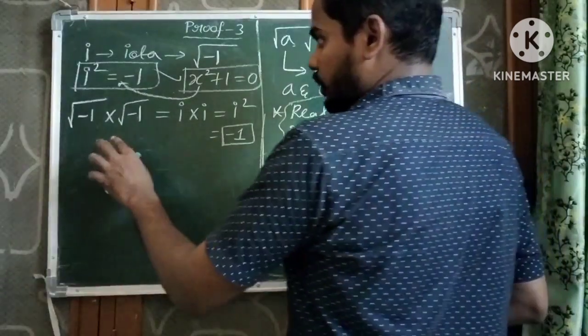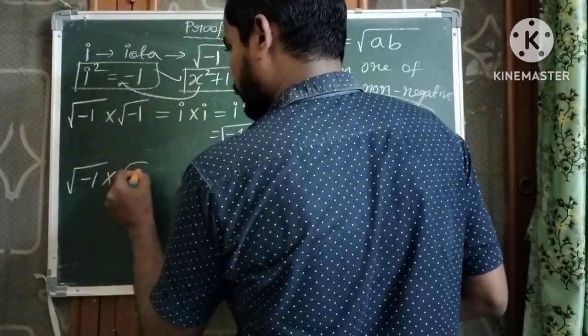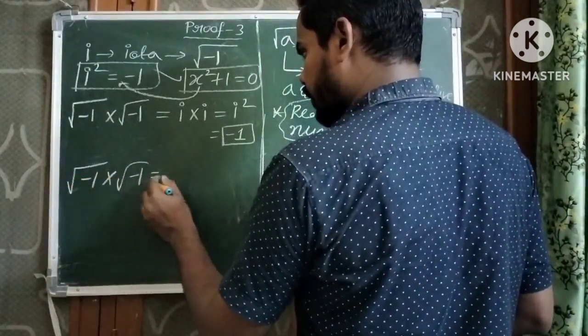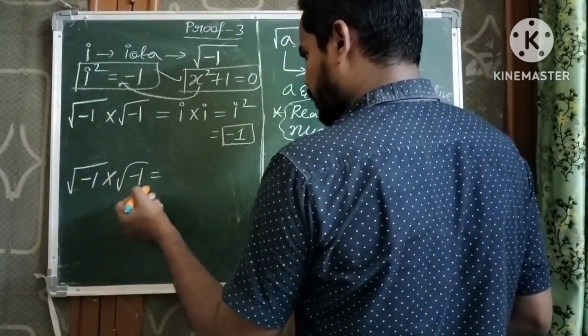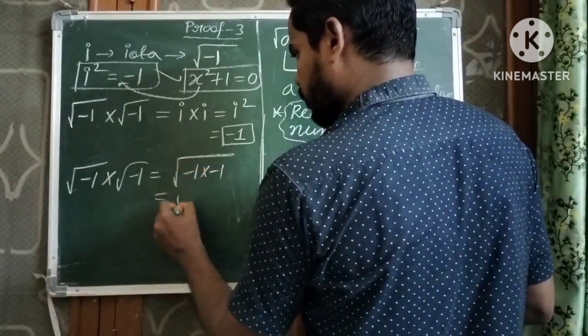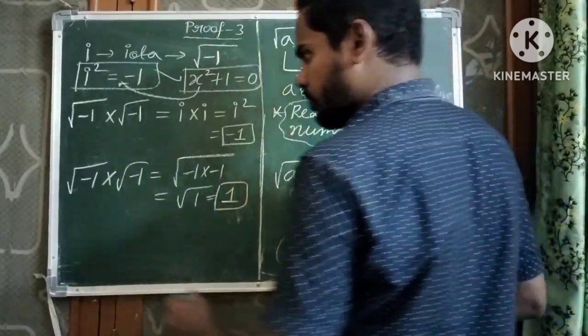And what is one more solution for root over minus 1 into root over minus 1? If you consider root a into root b, generally we consider root over ab. Root over ab means minus 1 into minus 1; minus into minus is plus, root over 1 means plus 1. This is one solution.